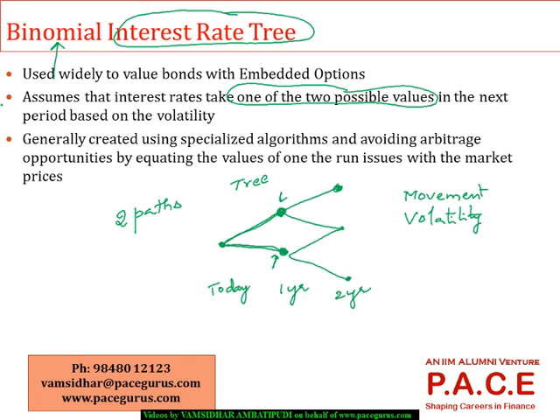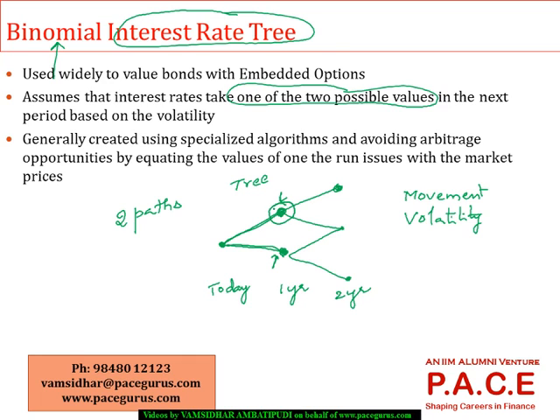We have used similar mechanisms in valuing options on equities using a binomial tree model. The binomial tree is nothing but two specific paths from any single point in time. So here we are saying the interest rates can be either this or this.